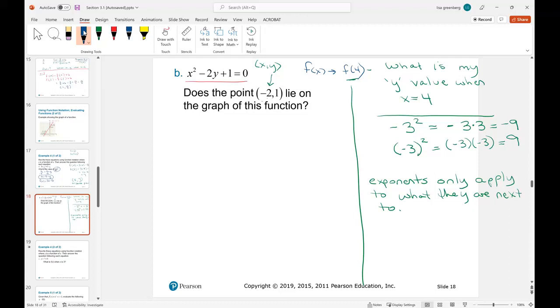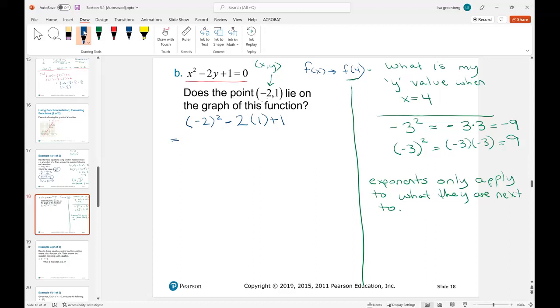Hopefully you caught me, because I wrote that y as an x, but it's not. So here, let's do it again. I have (-2) squared minus 2, but now I have y, not x. So my y is 1, plus 1. Now this is supposed to equal 0. If this equals 0, then those points work for that equation. If they don't, then they don't work.